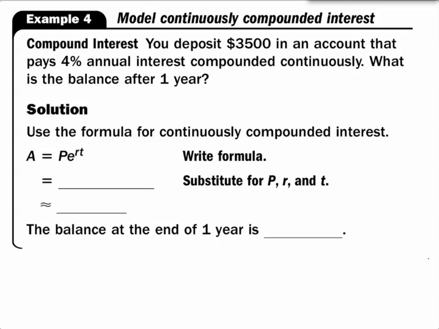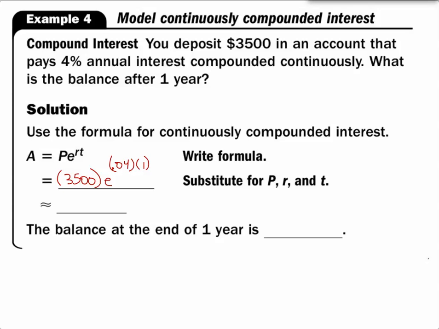Well, they helpfully remind you of the formula. So our principal is $3,500. E is, well, to be honest, E is E. R is 0.04. And T is time, so we have 1 year.